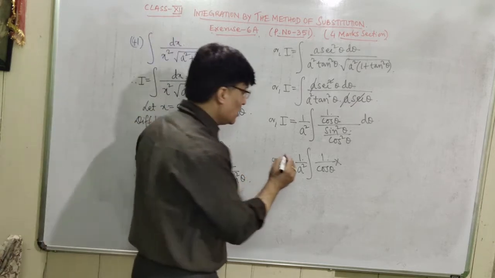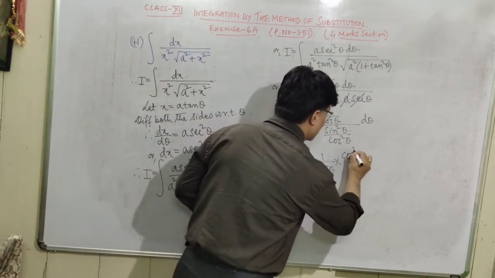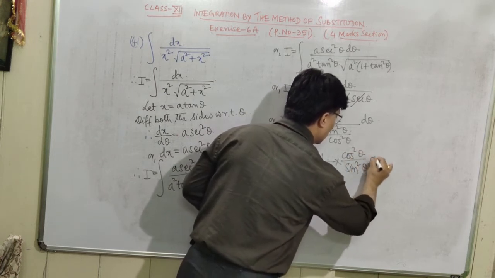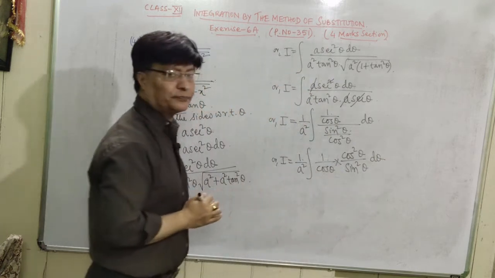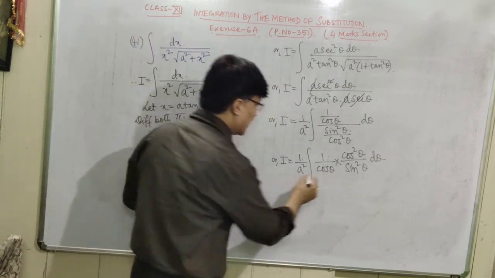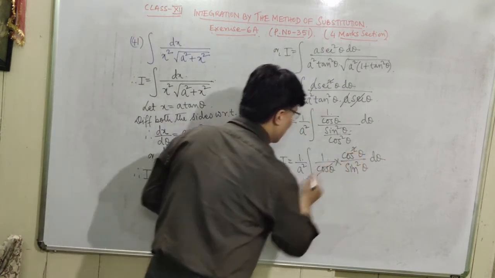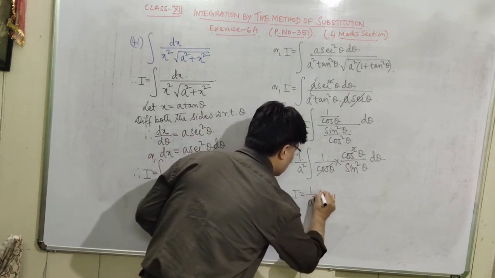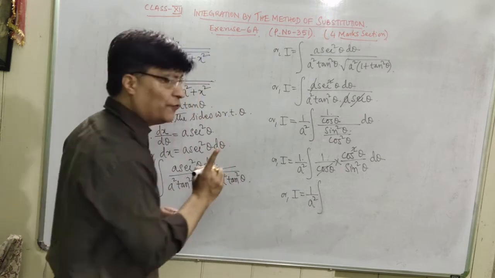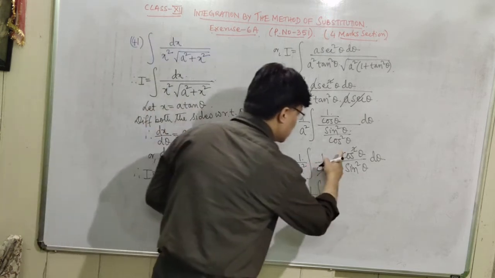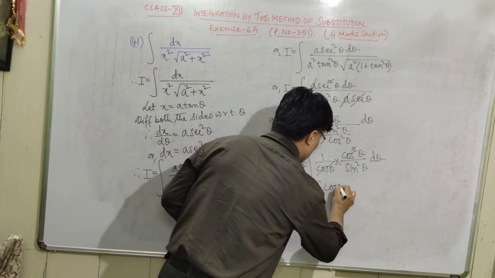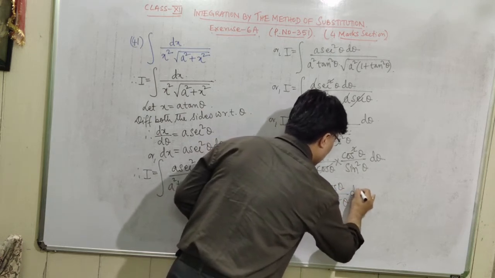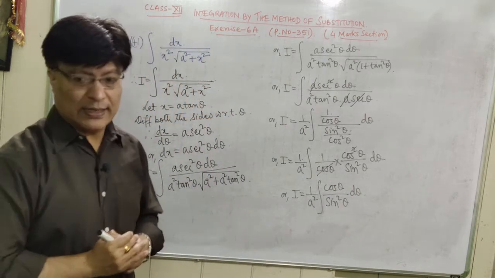That is cos square theta divided by sin square theta d theta. Is that clear? So you can cancel here, cos theta and square will be cancelled. So I is equal to 1 upon a square integration of cos theta by sin square theta d theta.